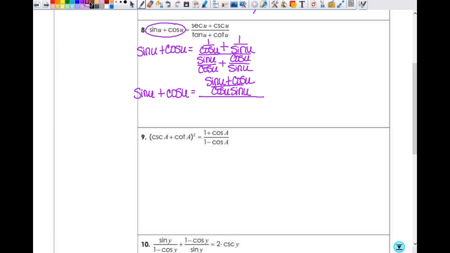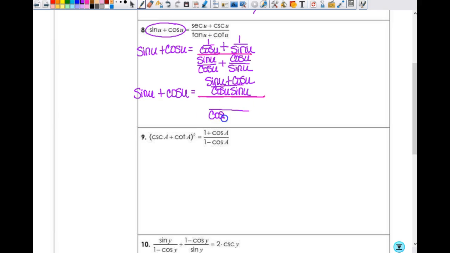And I'm going to make this a different color. So this is this fraction bar right here, so you don't get lost in that. Now, that sine u plus cosine u in the numerator right here, is that 1? No, because it's not squared, right? Sine squared plus cosine squared is 1, but that's not what this is. So now I look at the denominator, and I need to get a common denominator there. What's my common denominator in the denominator?